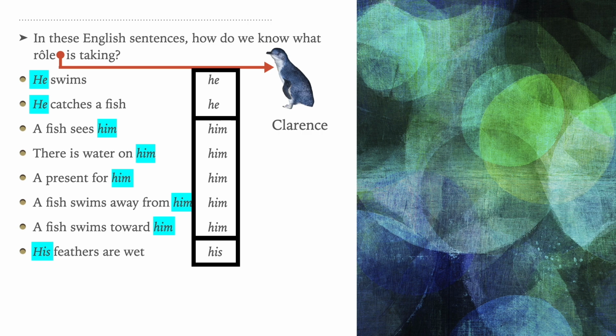A fish sees him. They're not quite doing anything. They could do whatever they like, swimming around, things that penguins like to do, but it's the fish who's actually performing the activity. And in the final one, his feathers are wet. We're indicating a relationship of ownership or possession. But the feathers themselves are actually the thing we're talking about. So this is case in English, which only exists on our pronouns.